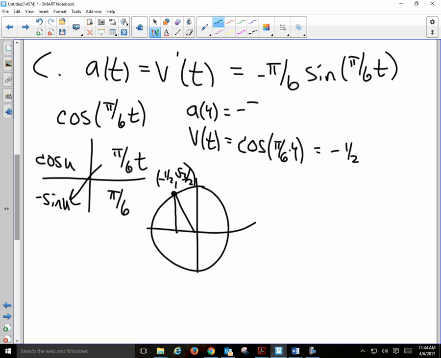And then the acceleration is going to be the derivative. So negative pi over 6 times, what's the sine of 2 pi over 3? Root of 3 over 2. So you get negative pi roots of 3 over 12. And so are they the same sign or opposite signs? Same sign.